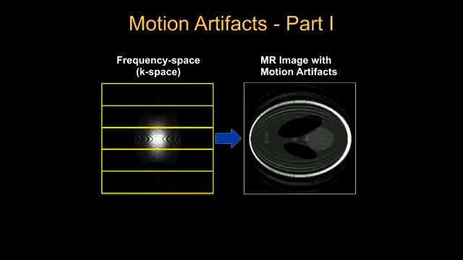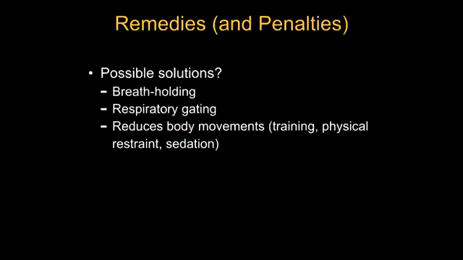So that's kind of the way that you can think of how to understand the motion artifacts when the motion is very slowly moving from top to bottom, I mean the bottom to top. Okay? Another one, so how do we solve the problem? Either by breath holding, so not creating any respiratory motion, or you can apply respiratory gating, or sometimes you're just confining the body motion, like training or physical restraint or sedation.